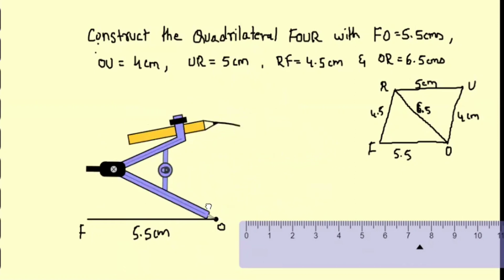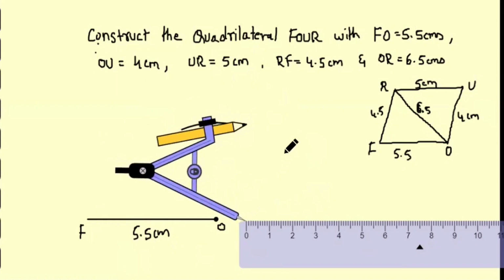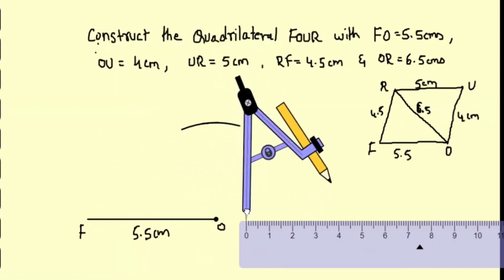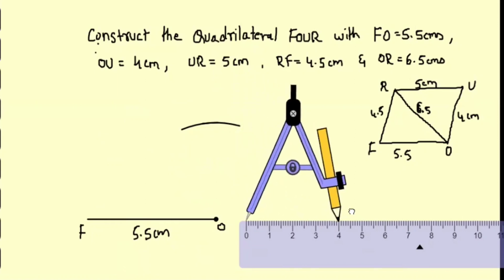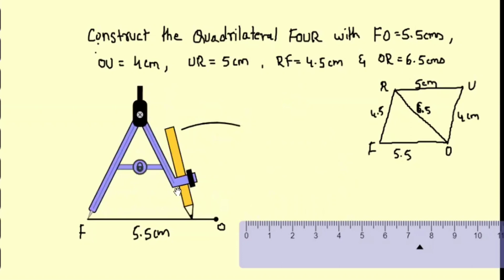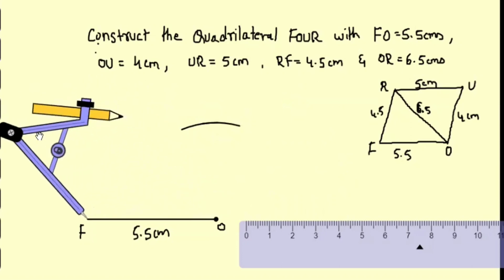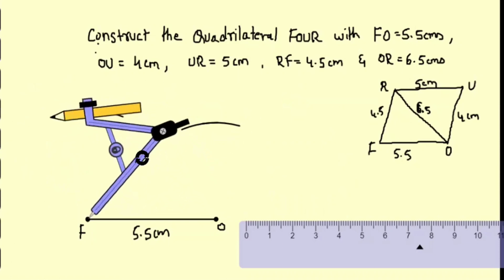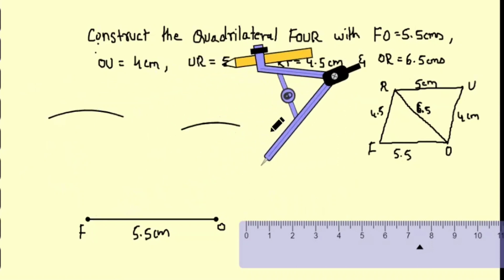Now we shall draw the arc for the side RF, that is 4.5 dimension. Let us measure 4.5 with the help of the compass. Place it at the point F. As you can see, we just got an arc. We did not get any particular point, so it's impossible to draw any side.